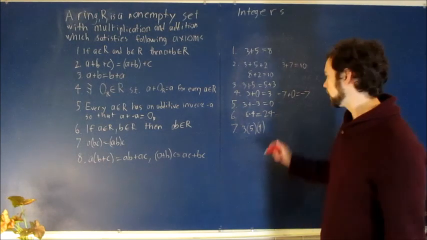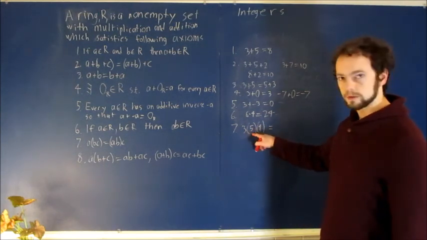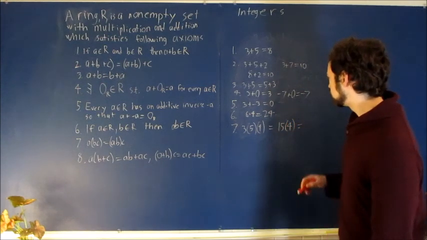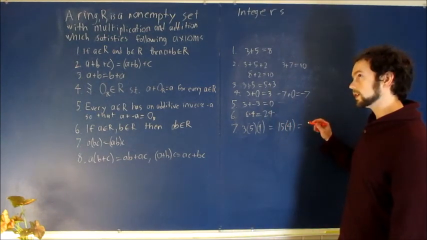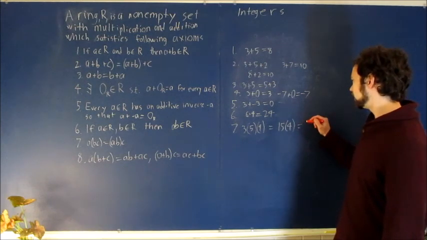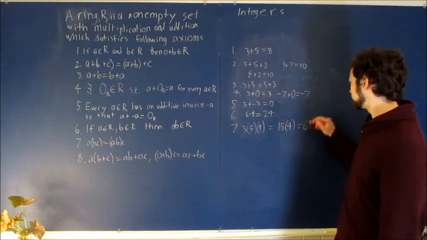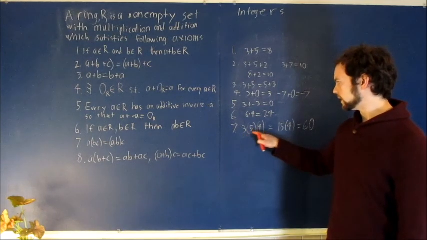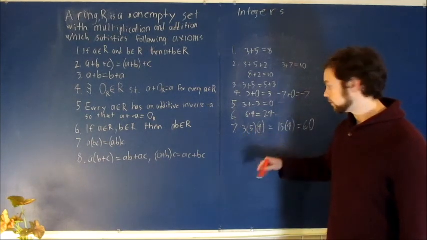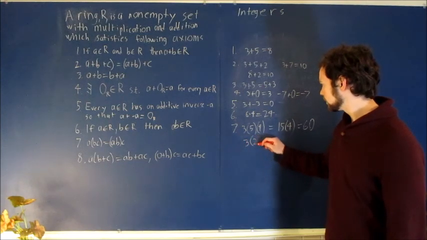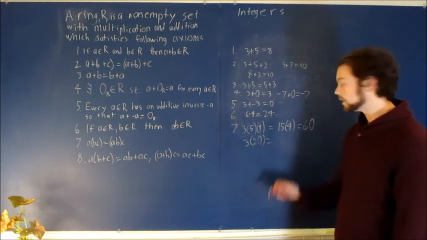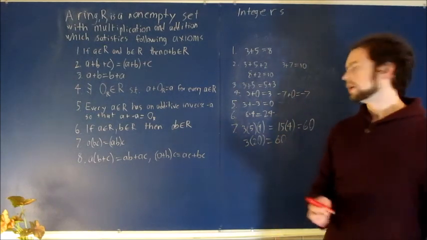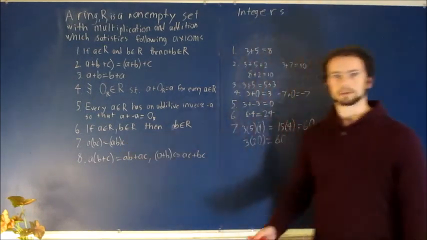The answer is it doesn't matter. We could say this is 15 times 4, which would get us 60. And if we did this part first, 3 times 20, which is also 60. So this holds here.